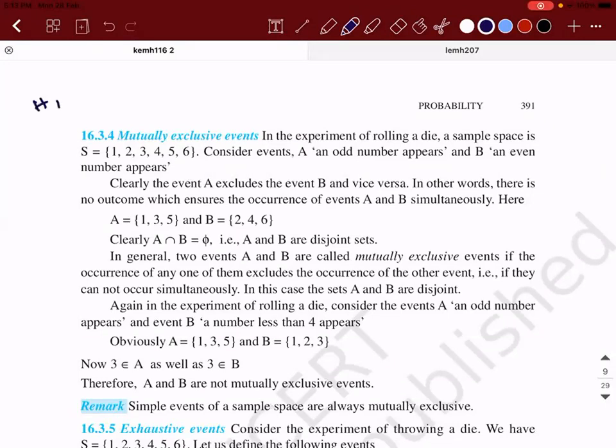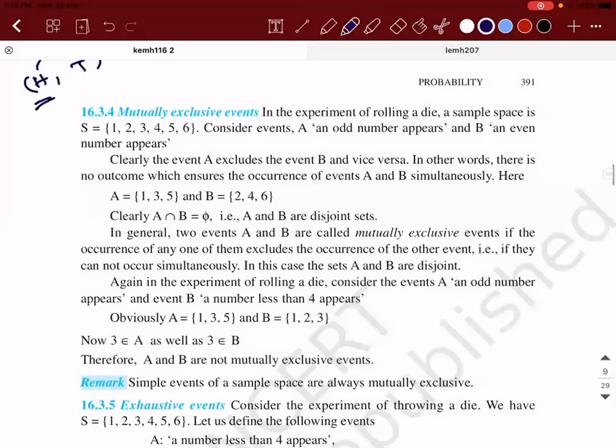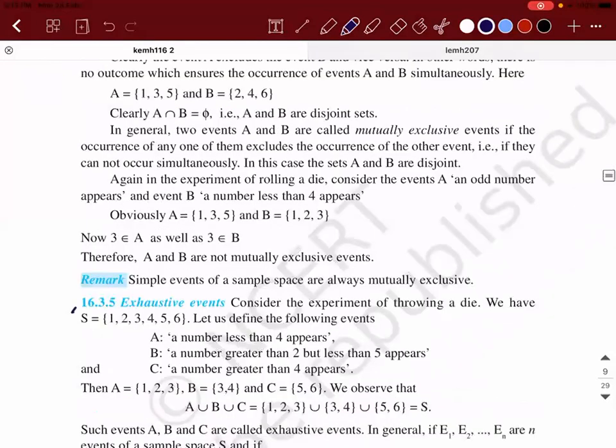So getting a head and getting a tail are mutually exclusive events. The occurrence of one does not affect the occurrence of the other, right? Then what are exhaustive events? This is very important for Bayes theorem.